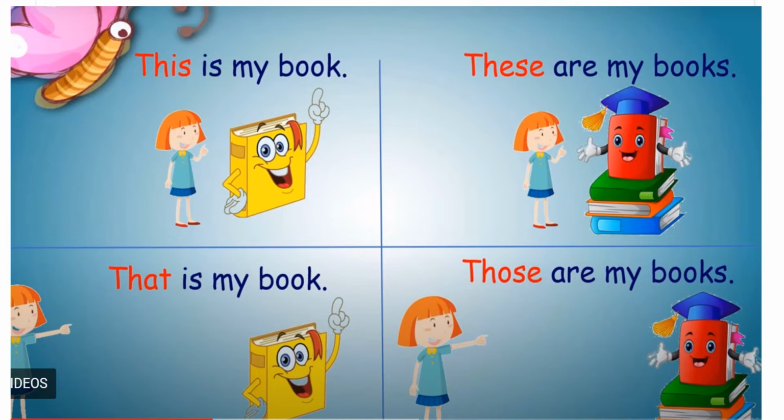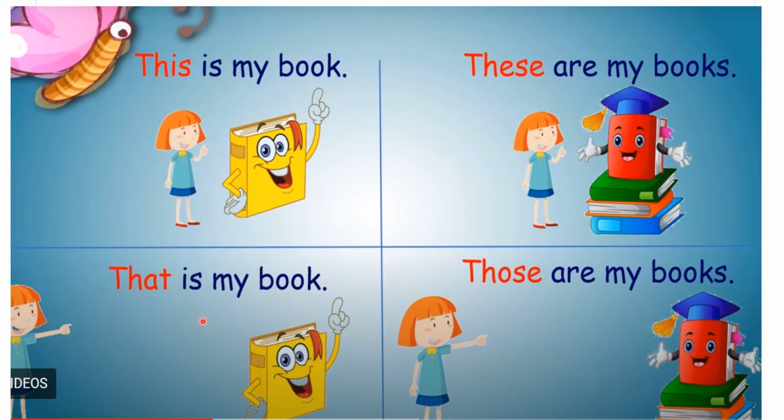Now on the next slide, there is an example. This is my book. The girl is talking about the book which is near to her, and the book is one in number. It is singular. So she is using the demonstrative pronoun this. Whereas in the next picture, she is talking about more than one book, so she says, these are my books.